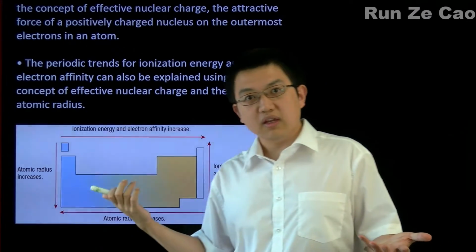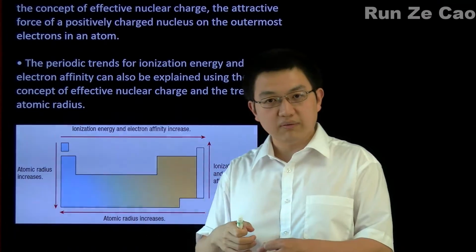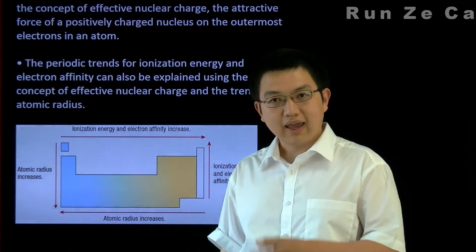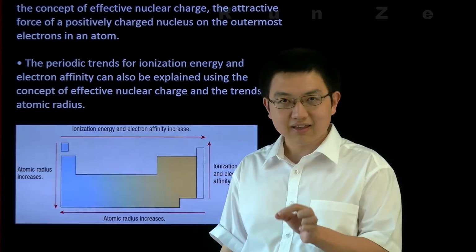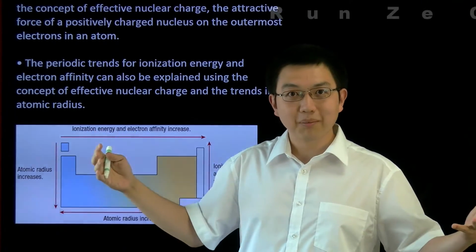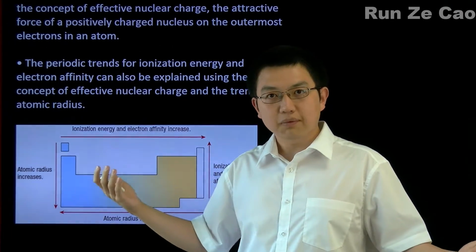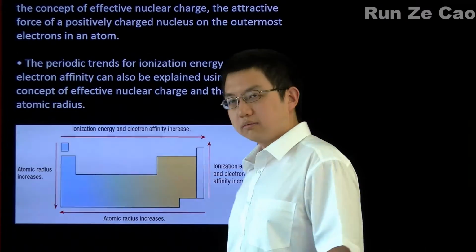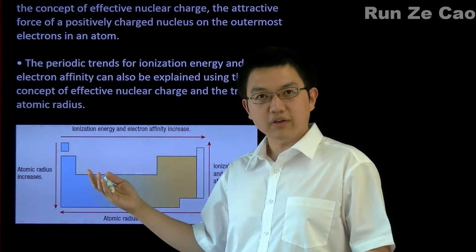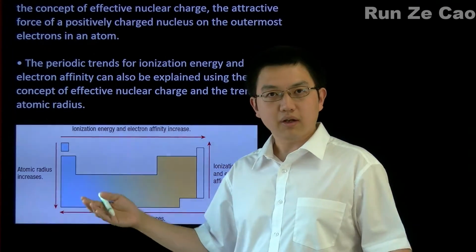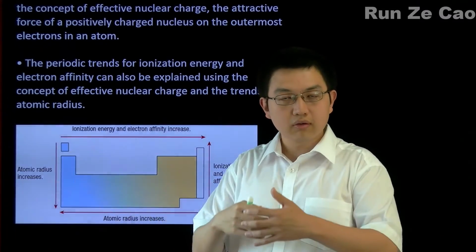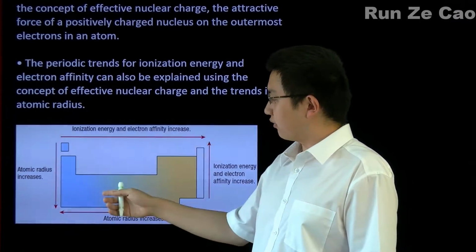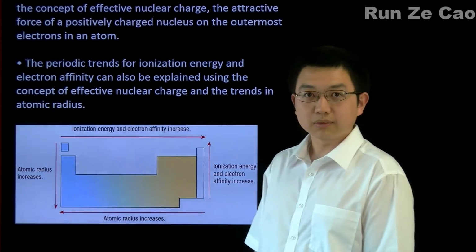Well, since the atomic radius is the distance from the center of the nucleus to the outermost edge of the electron cloud, and the nucleus is like an ant in a stadium if the atom is a stadium, then it's perfectly reasonable to say that holding the electrons tighter means not only your first ionization energy goes up, but also your radius goes down, because the volume of the nucleus is negligible in an atom.